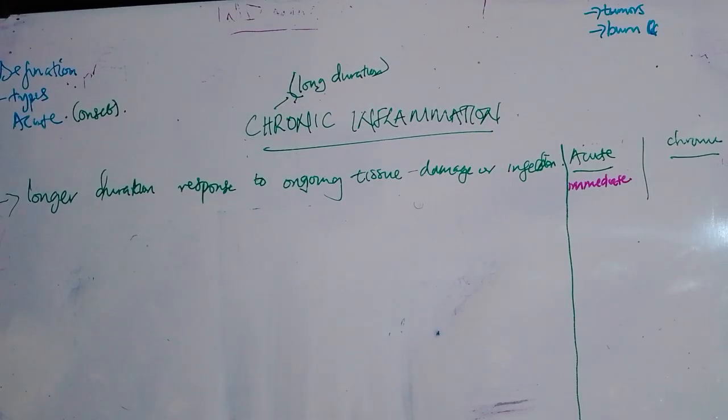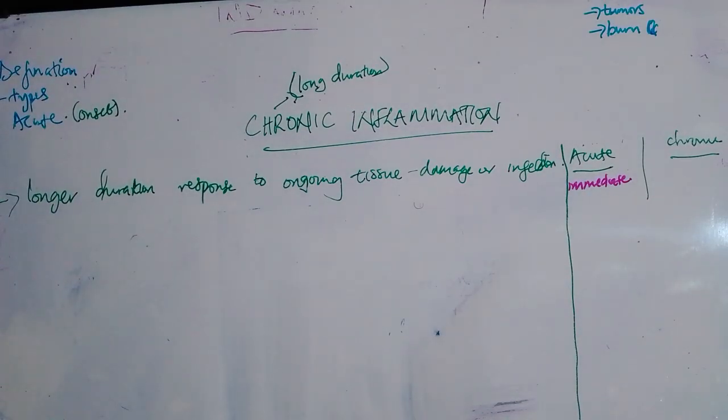Now let's continue with chronic inflammation. We have discussed the definition of chronic inflammation. Now we are going to talk about what chronic inflammation can lead to. We said that acute inflammation can lead to three things. One, it can lead to elimination of the disease.